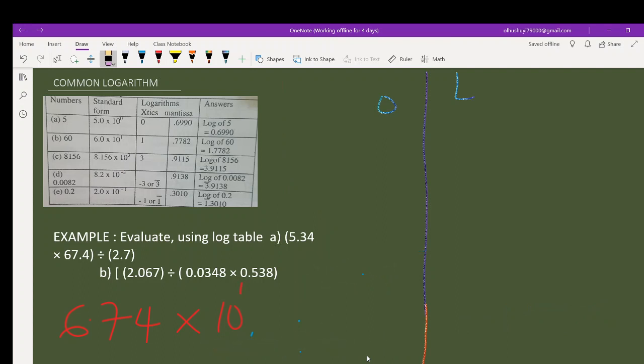Question 2 states we are still looking for number and log. Here you have log 2.067. Write that in log. It is already in standard form, right?